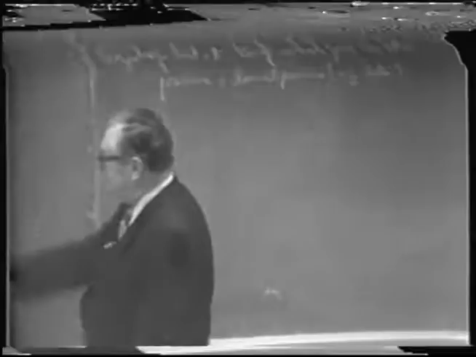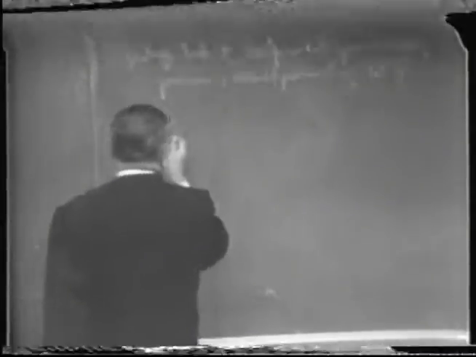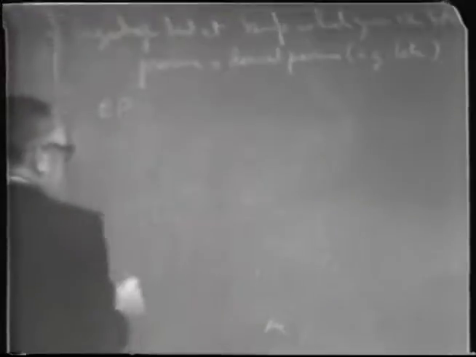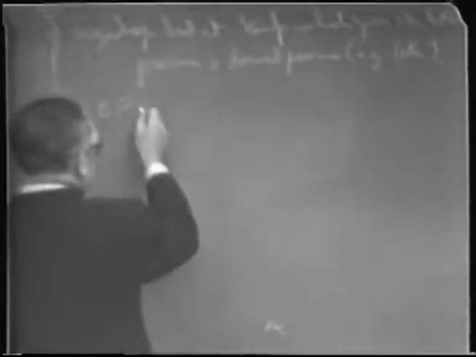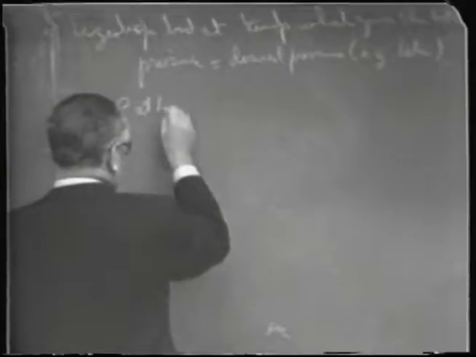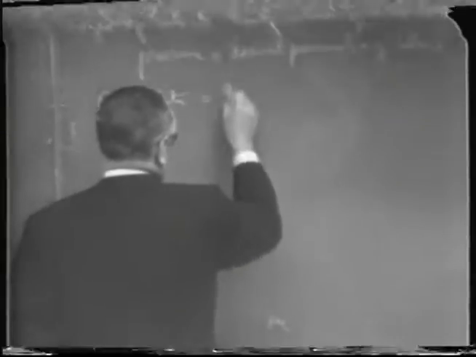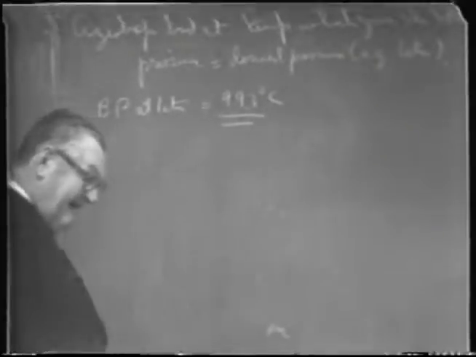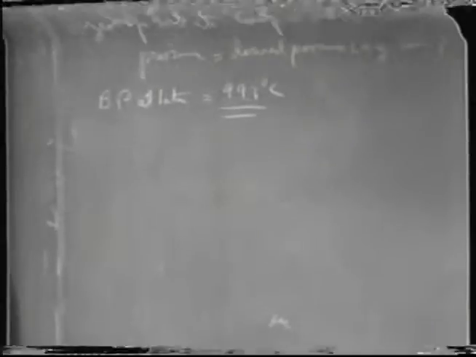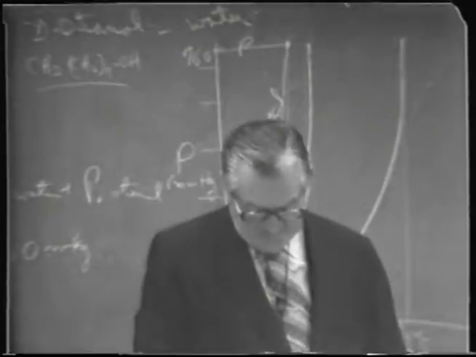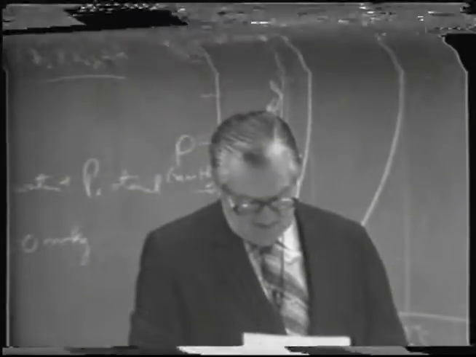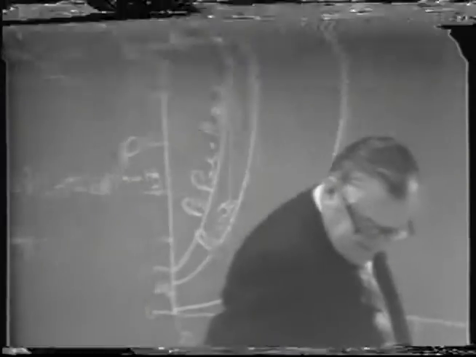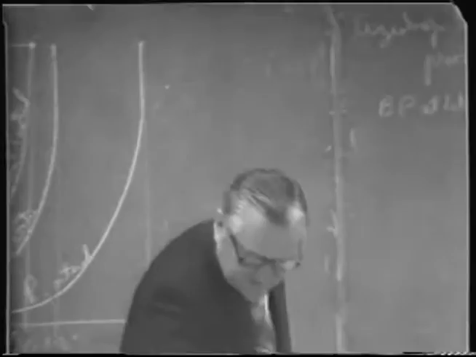Well, this curve is very poorly drawn, but in reality, the boiling point of octanol and water, when they're at 760 millimeters of mercury, one atmosphere, is equal to 99.3 degrees centigrade. I guess I forgot to bring a sheet which gave the, oh, well, here's one here.